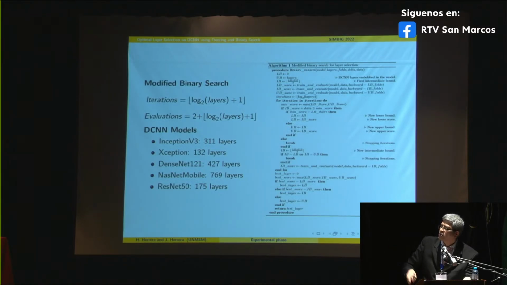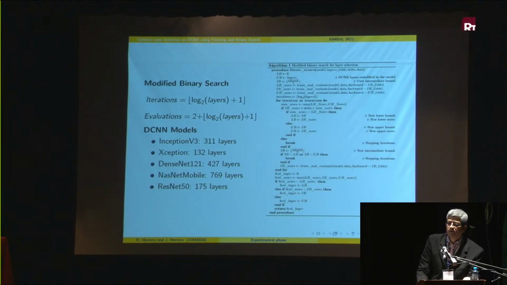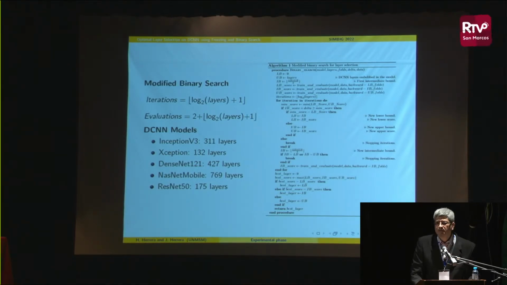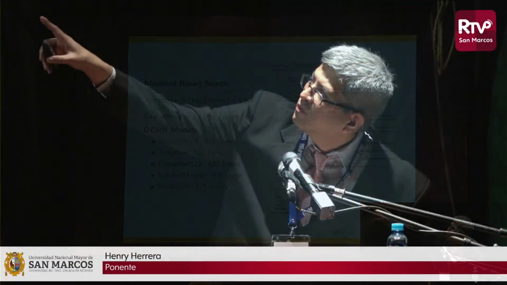In this case, Inception V3 has 311 layers, and the others have 132, 427, 769, and 175 for ResNet 50. The difference from a standard binary search is that we are using a delta in order to add flexibility to our model. As you can see in the algorithm, it is the fourth parameter.